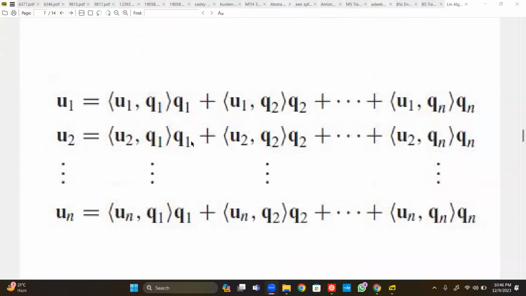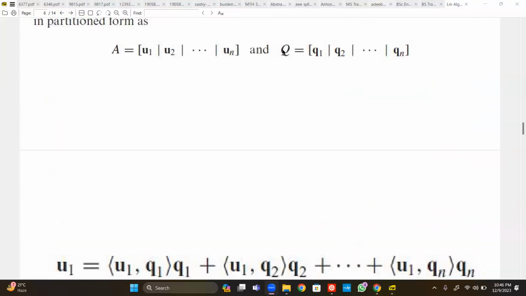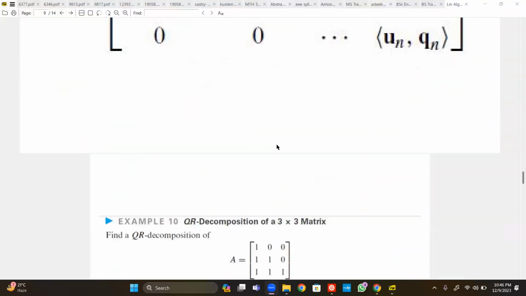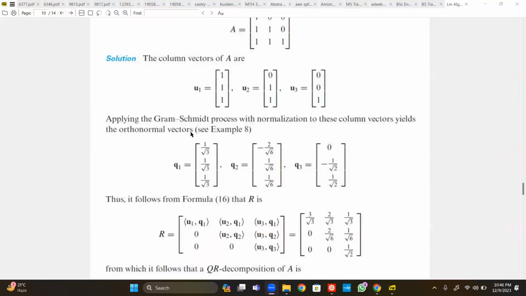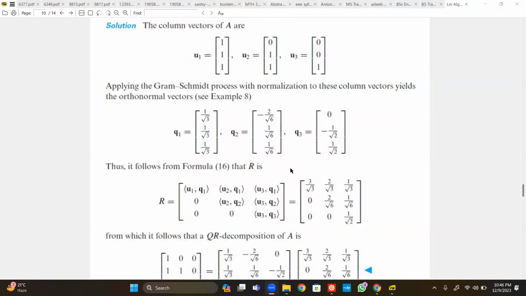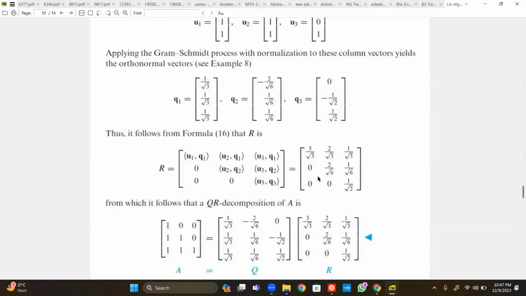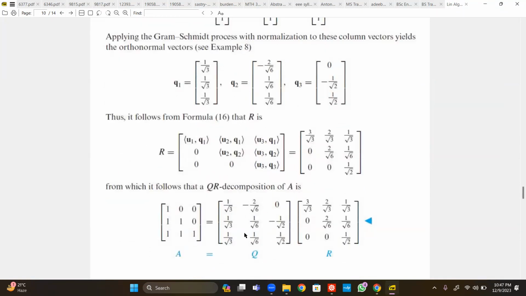First of all, you have to find the Q vectors so that you can formulate the Q matrix first. That's straightforward because all you have to do is carry on the Gram-Schmidt process, apply it to U1, U2, U3, and you already got Q1, Q2, Q3 in our earlier example. So use them as columns to formulate the Q matrix and you're done. This is the Q matrix you can see just by using the Qi's as columns.